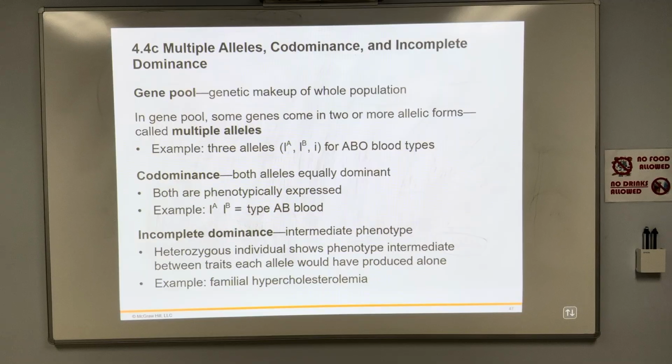For example, a red plant with a white plant, and you don't get red or white, you get something like pink, something in the middle. Alleles could also be co-dominant, when antigen A and B at the surface of the red blood cell coexist. That's an example of co-dominance.